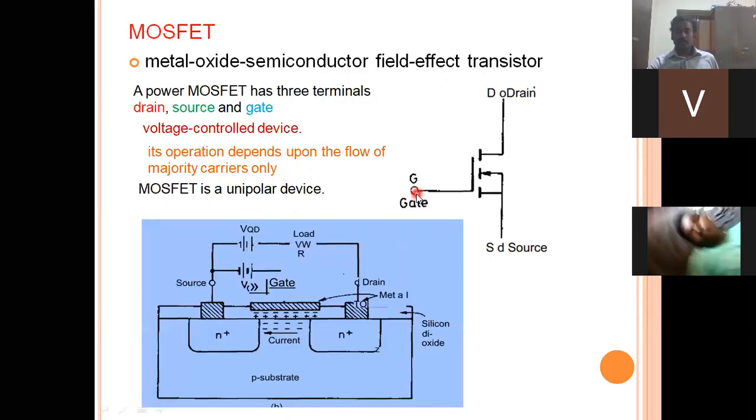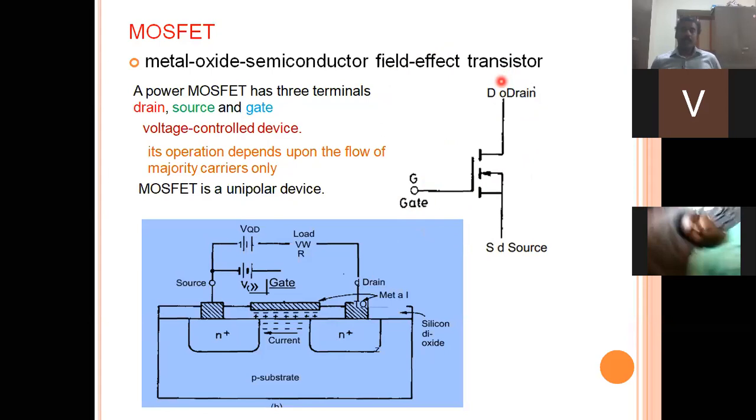Once again, I am briefly summarizing this. The MOSFET is a three terminal device provided with gate, source and drain. This has an operation similar to that of a BJT, bipolar junction transistor. The bipolar junction transistor in general has the terminals base, emitter and collector.